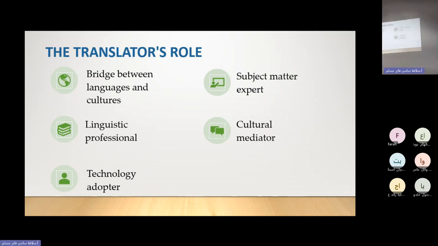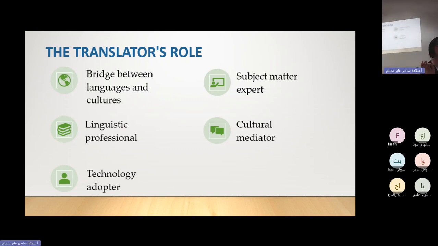But I also need to be a subject matter expert. Scientific and technical translation is a big field. Am I translating medicine, engineering, agriculture, technology? Which type of technology? I need to be specific when I translate because each one of these has its own jargon.